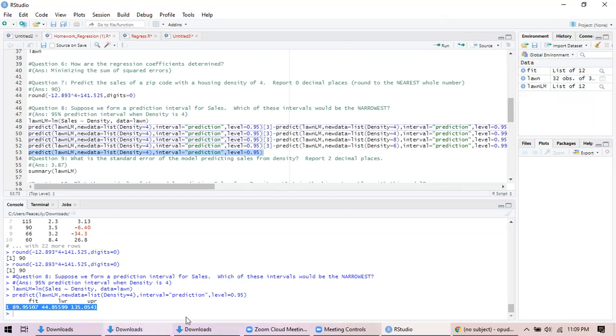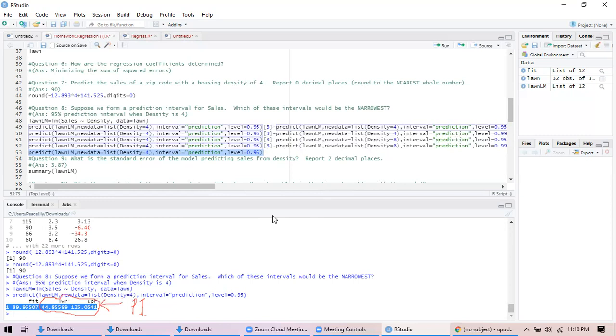That is the 95% interval. So this one right here is the prediction interval, PI. The lower to the upper. Okay, lower to the upper. That's the prediction interval, yeah.